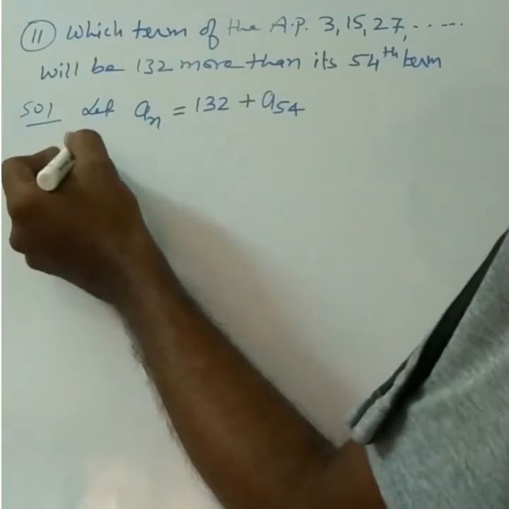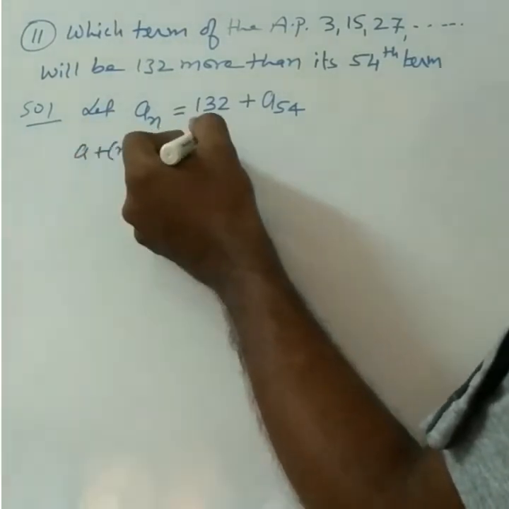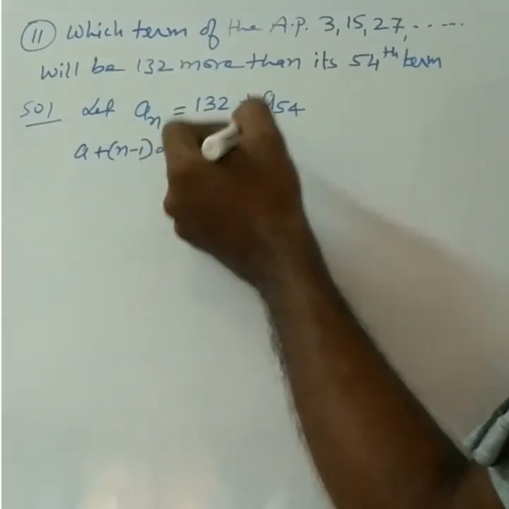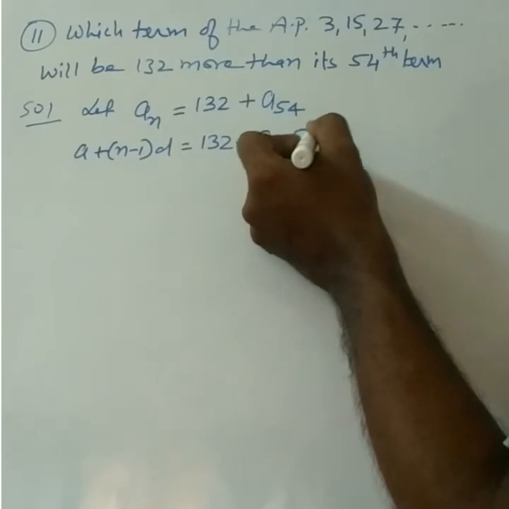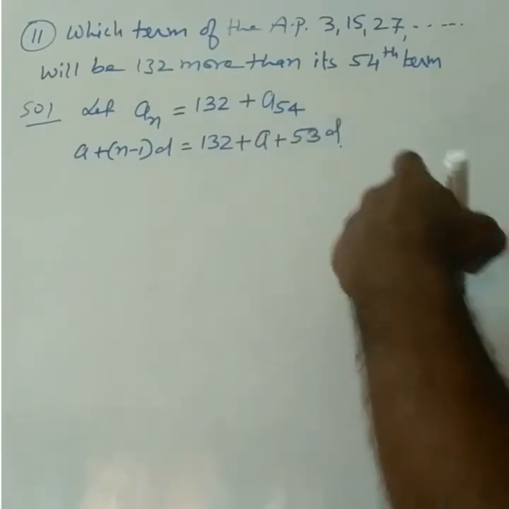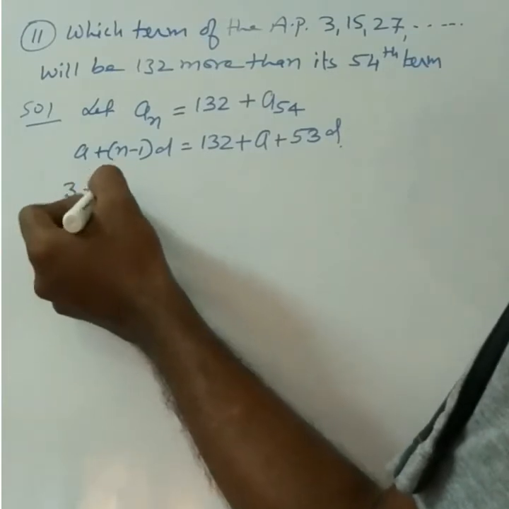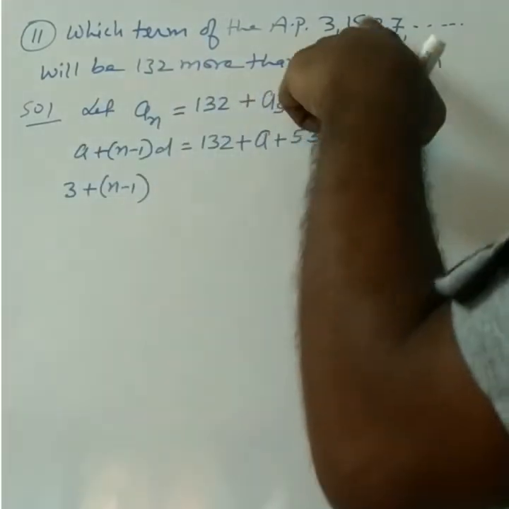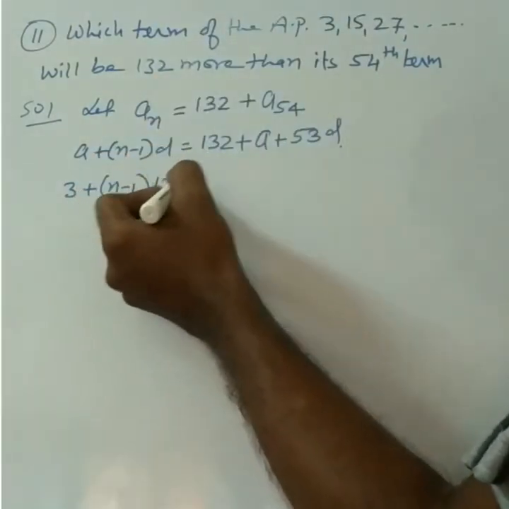Apply the formula, A plus n minus 1 into D. A54 will be A plus 53D. Put the value of A, which is 3, and D, which is 15 minus 3. 15 minus 3 is 12.